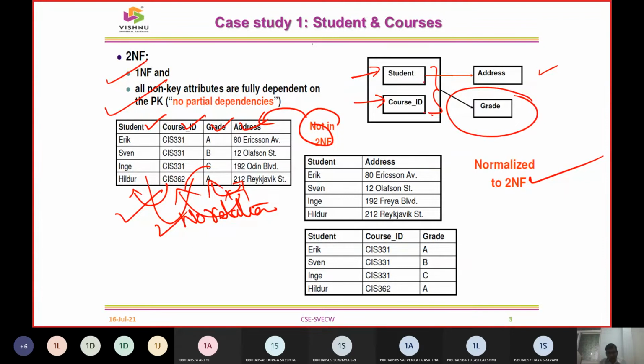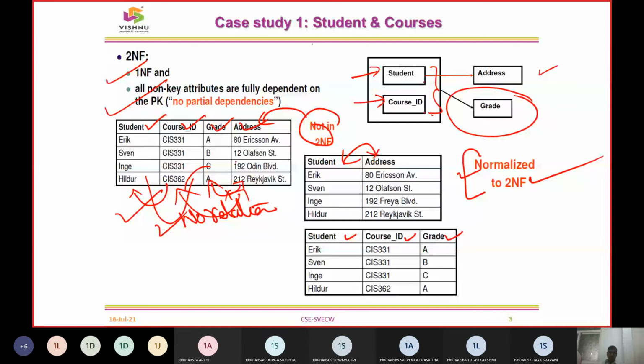Therefore, we are going to have this division, that is, we need to normalize the data here. While doing the normalization, the student and student address are going to be put in a single table. Then we are going to have course, student ID and grade.